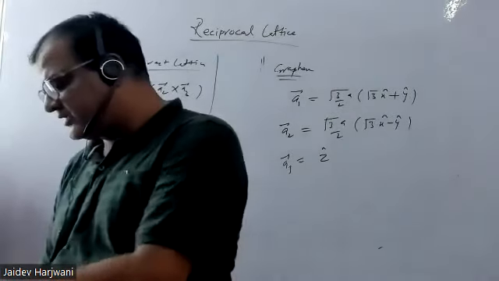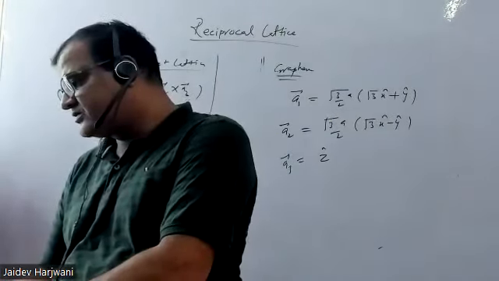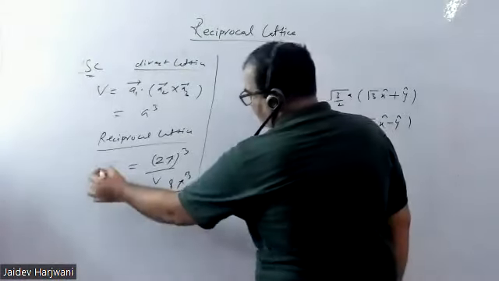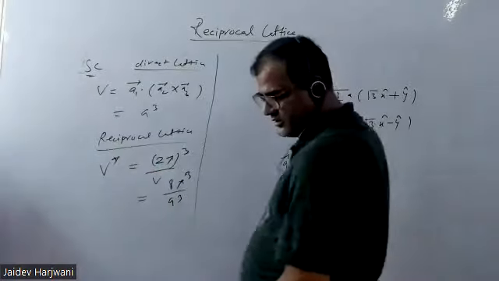Similarly, you can calculate for other things also. So this is V, and this is V star, the reciprocal lattice.